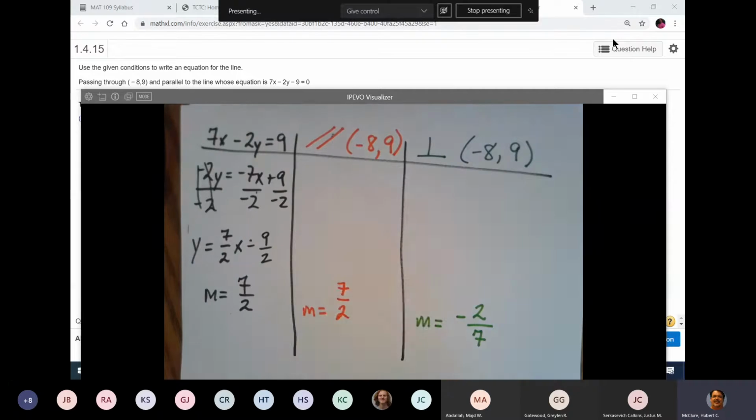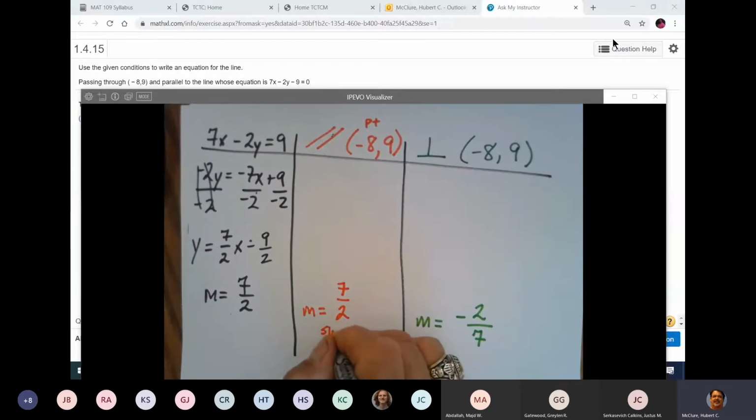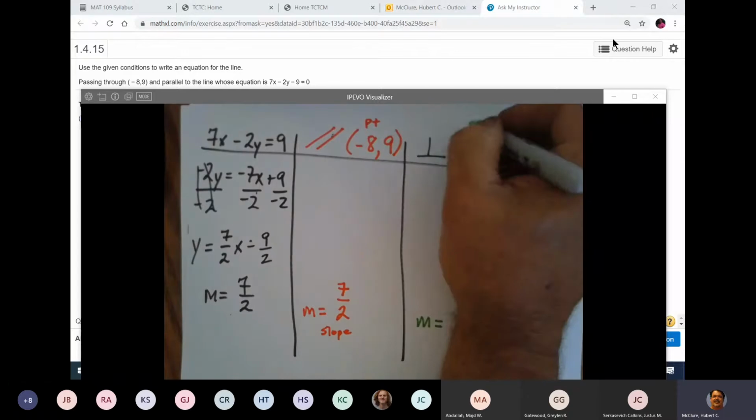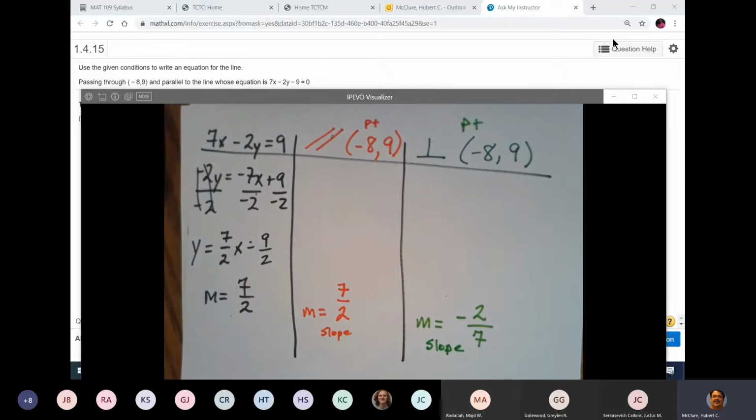Now, what do you have here? You've got a point and a slope. Here, you've got a point and a slope. So what are we going to use? The point slope equation. Good, class.